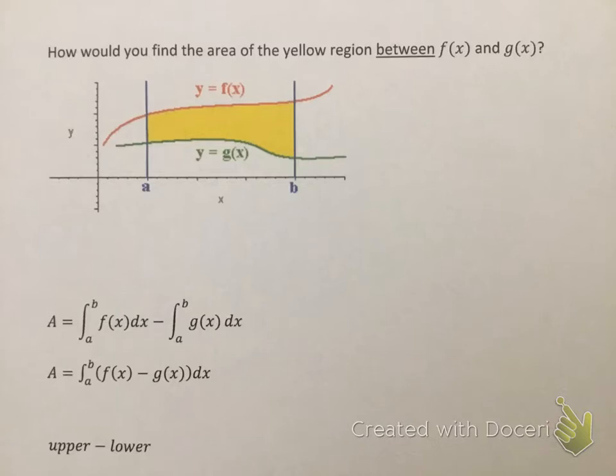So let's say that you are trying to find the area of this yellow region. It's between two curves. It's between f of x, that's this curve right here, and that yellow area is between f of x, the red curve, and g of x, the yellow curve.